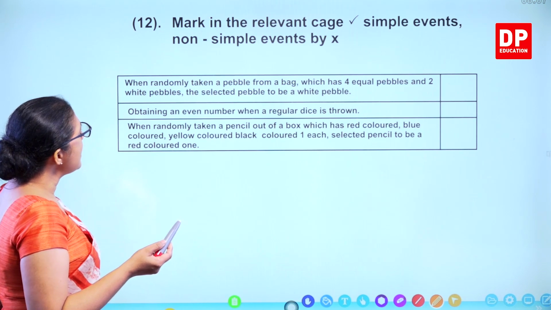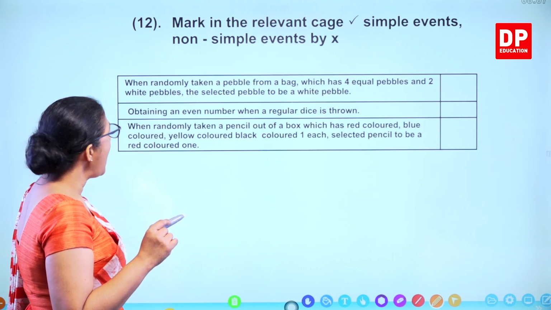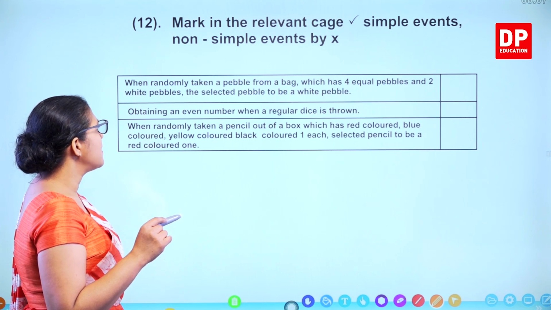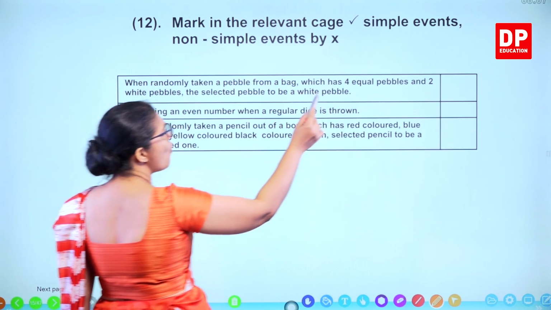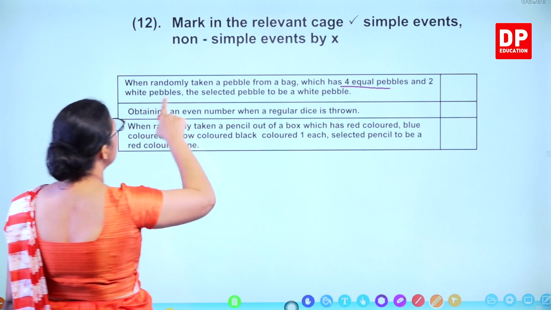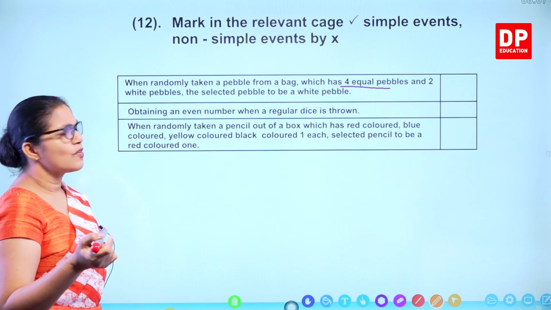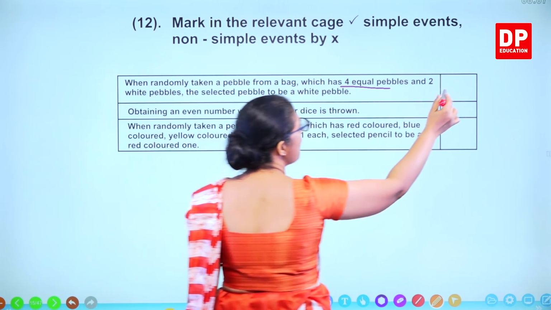When randomly taken a pebble from a bag which has 4 black pebbles and 2 white pebbles, the selected pebble to be a white one. So there are 4 pebbles here, 2 white pebbles. So not just one. So this is not a simple one.